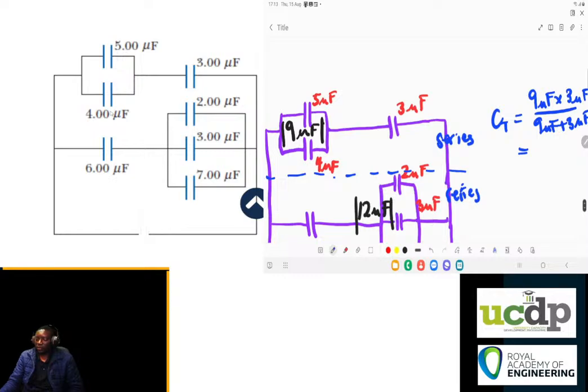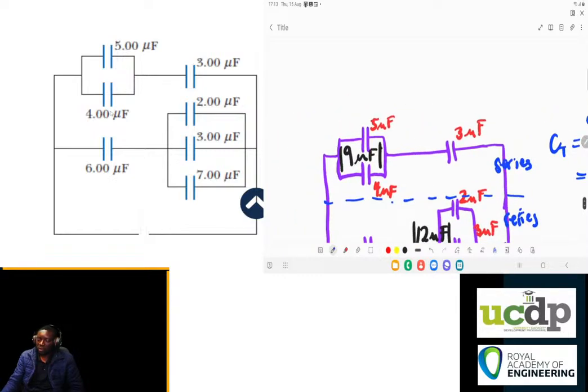Can you repeat what you said? For this line, we've got this equivalence, let me give it a new term maybe. So this is with C9 here and C3 here.